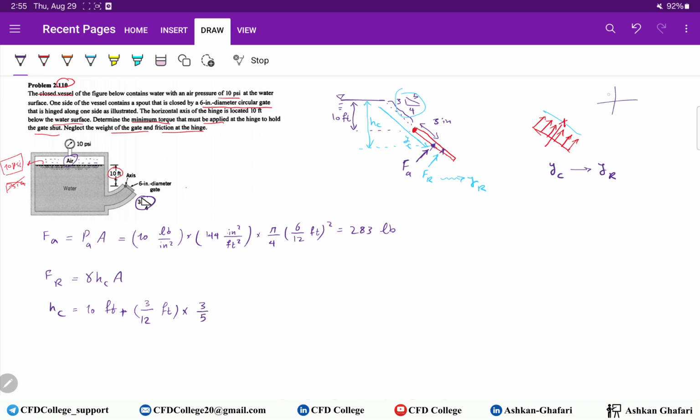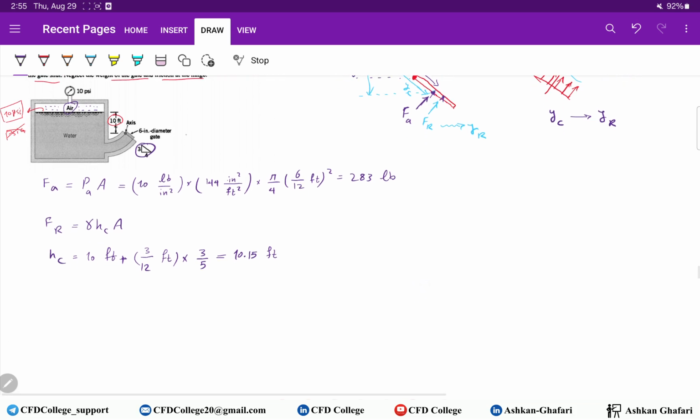Actually it's this 3, 5, and here we have 3. We want to find this. This is 3 times 3 over 5, this one. So HC equals 10.15 feet.